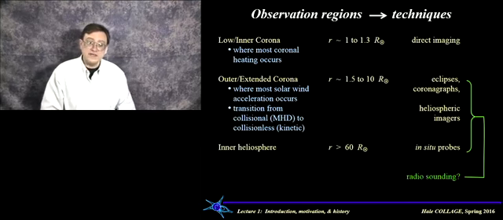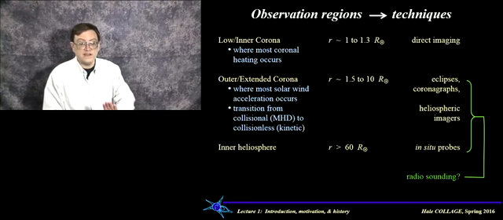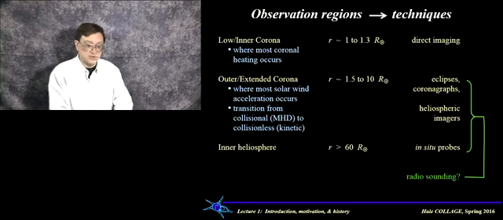So most of the coronal heating happens very close to the sun, within a few tenths of a solar radius of the surface, so about 1 to 1.3, 1.5 solar radii. Most of that is done with direct imaging. We could do a lot better by blocking out the disk of the sun to see these regions, but a lot of the times we just look at the whole thing, the sun and the surrounding regions, because it's still pretty bright.